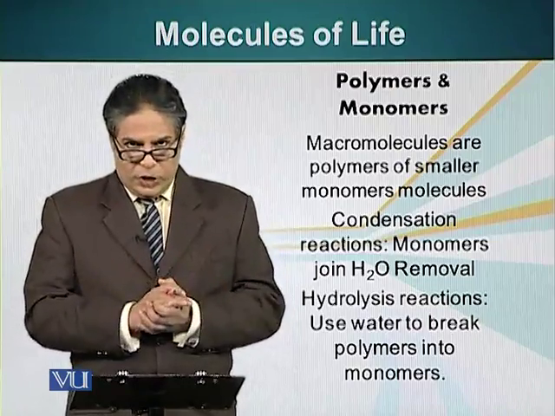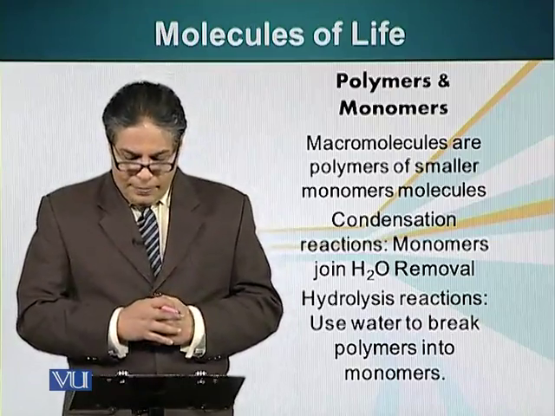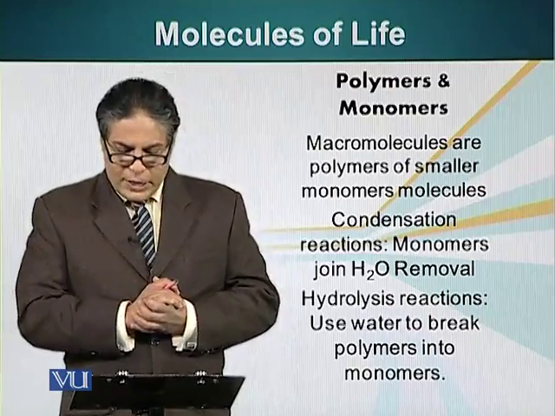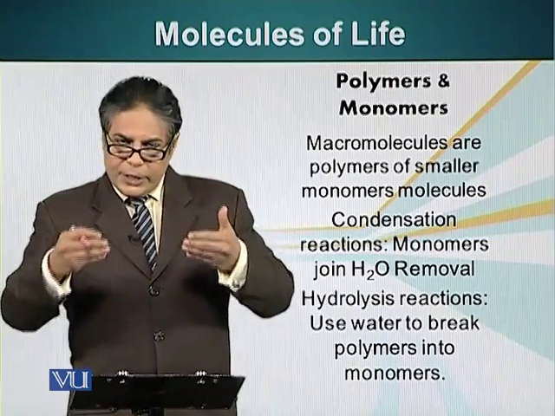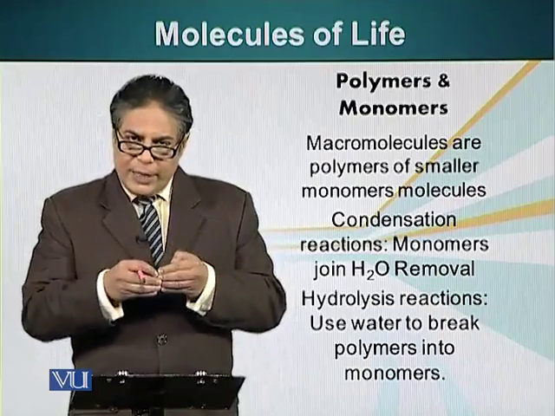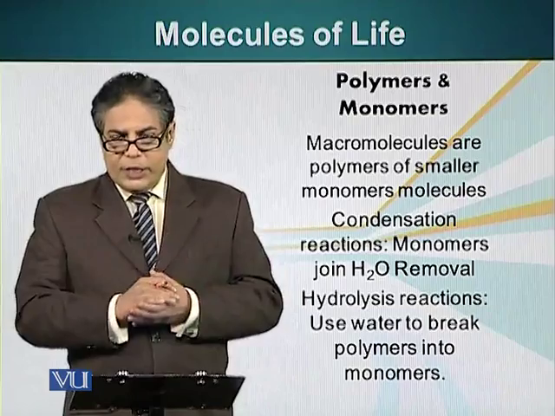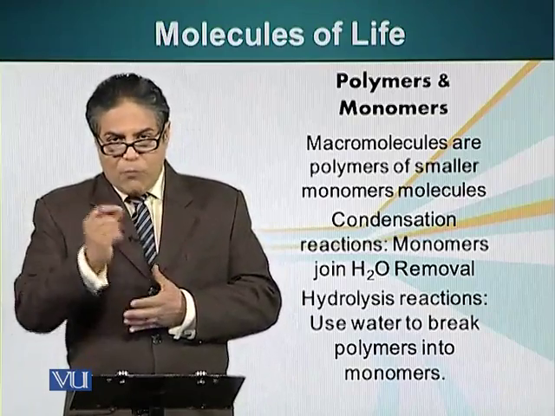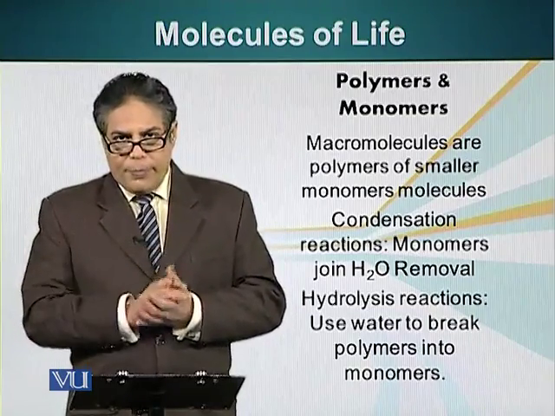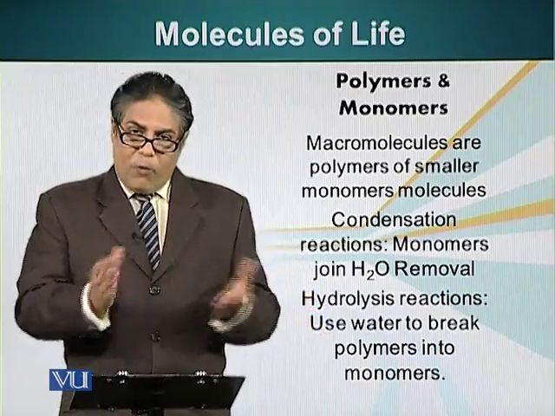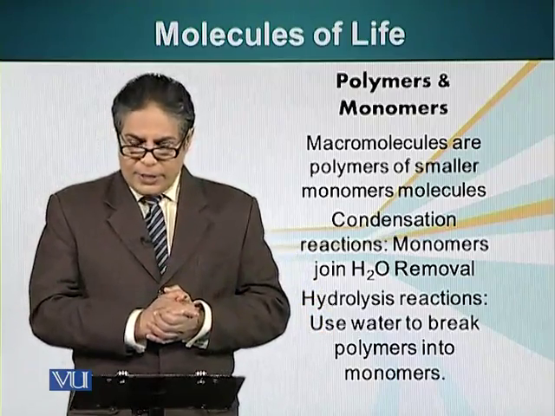We look at these structures in more detail later on. The process that joins these 2 monomers together is called condensation. As a result of condensation, a water molecule is removed. The reverse of condensation is, of course, hydrolysis.